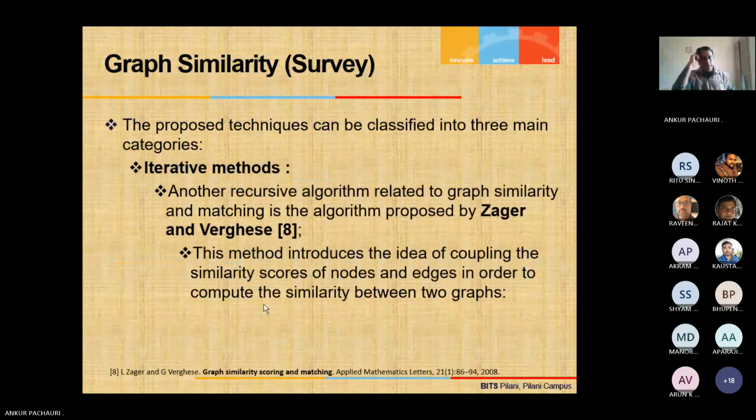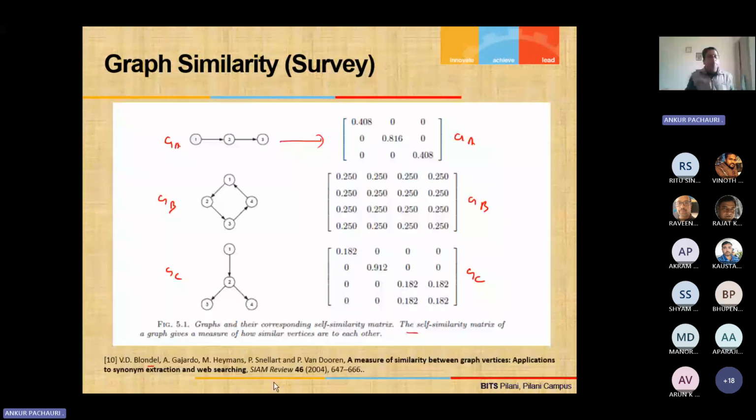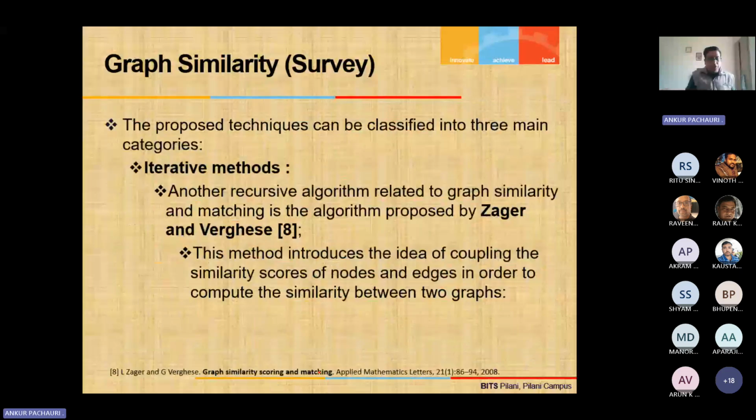Now, this was the formula for Blondel in the year 2004. In the year 2008, there was one more researcher who came up with an updated formula for similarity. The names were Zager and Verghese.